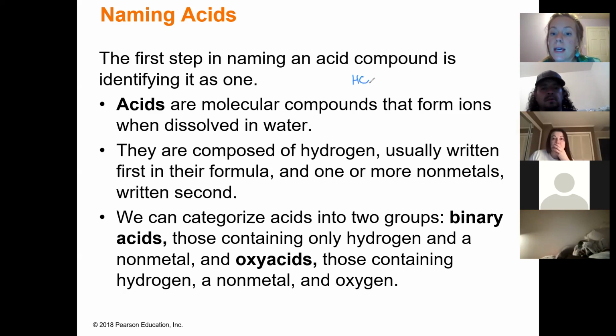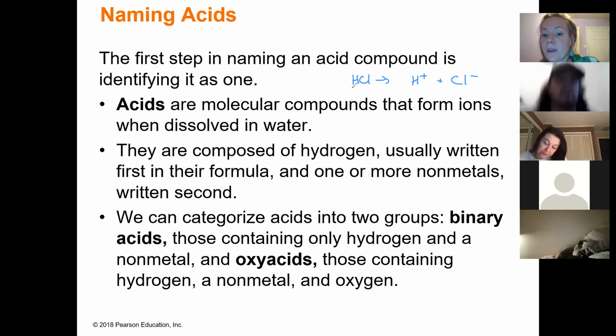So HCl, when I drop that into water, we're going to get H plus and Cl minus. Another way you can identify an acid, it's going to have H written in the front. That first thing you bump into is going to have an H. You're going to say, okay, that's an acid.